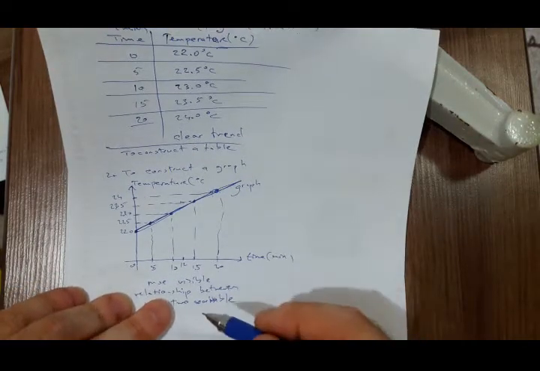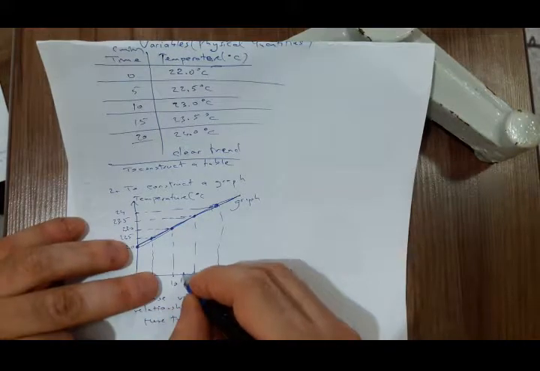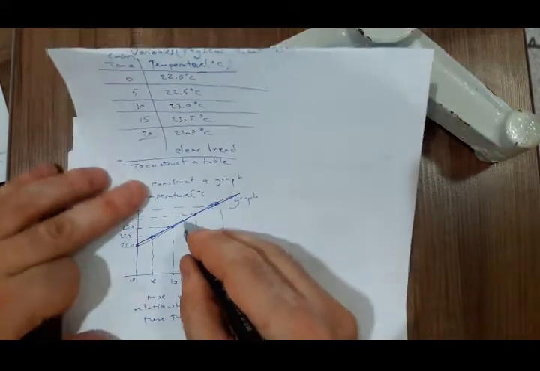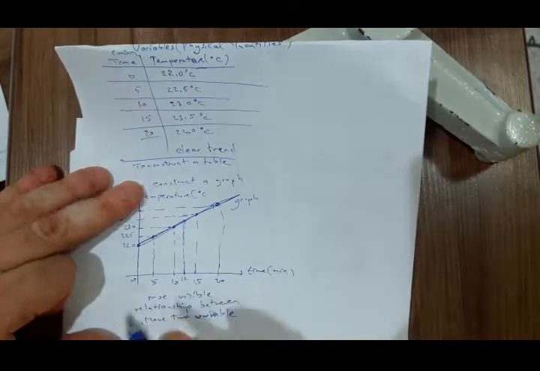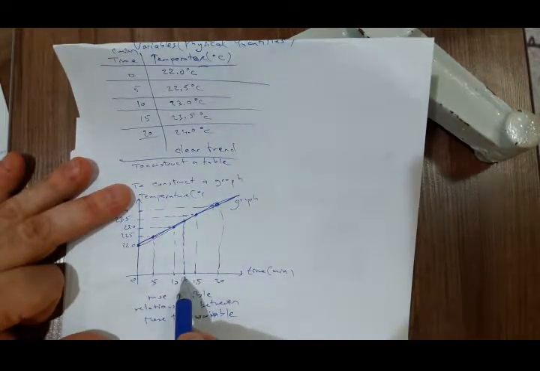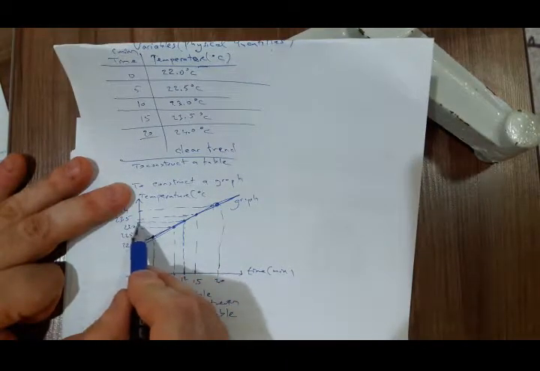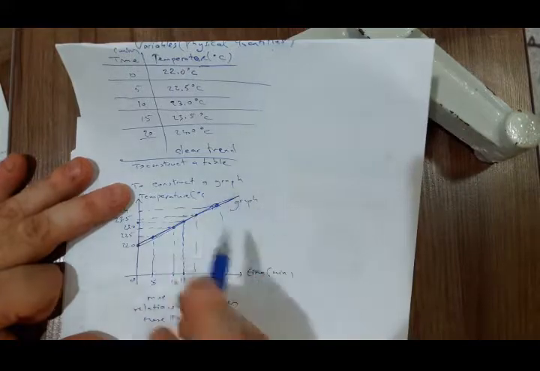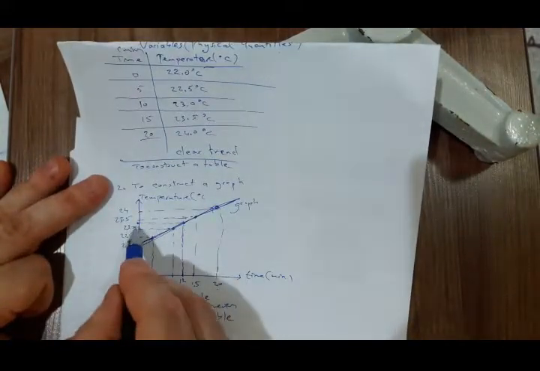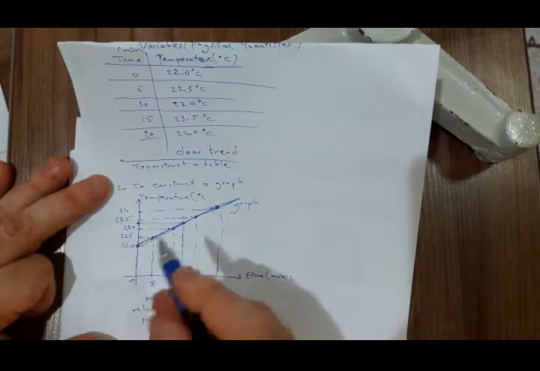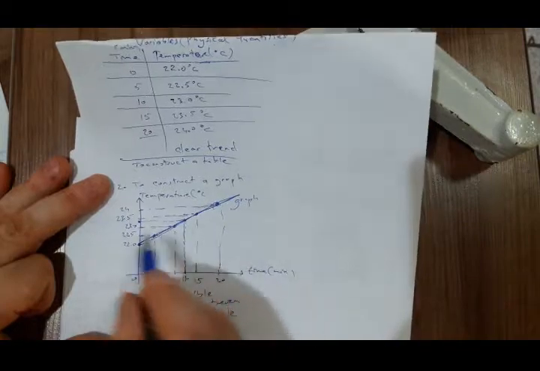We didn't make a measurement, but by using this graph, we can make an estimation of what the temperature was when the time shows 12 minutes. So by this method, we can read the temperature when time is equal to 12 minutes.